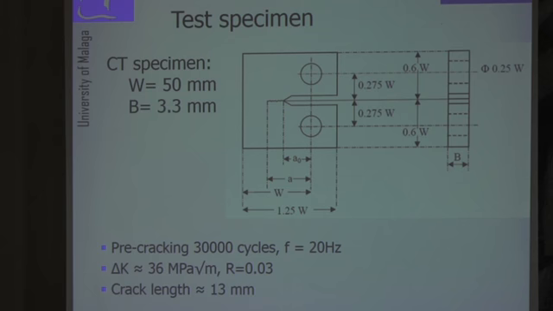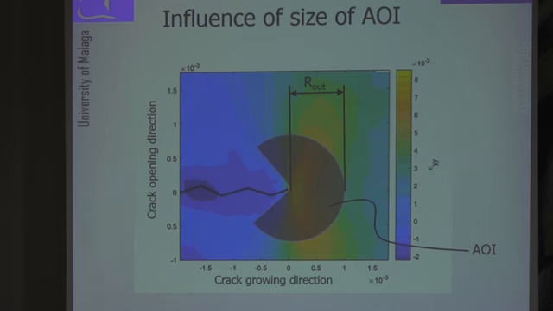We did the pre-cracking, applied a delta K of 36 megapascal root meter, and when the crack length was 30 millimeters, that's when we measured. At that point we measure the maximum load and the strain, and that strain field is the one that we based all our study on.